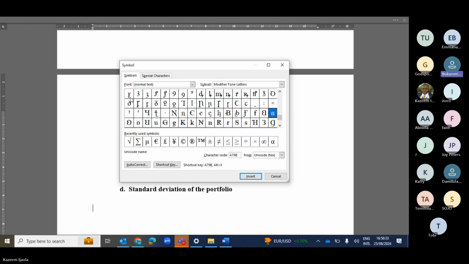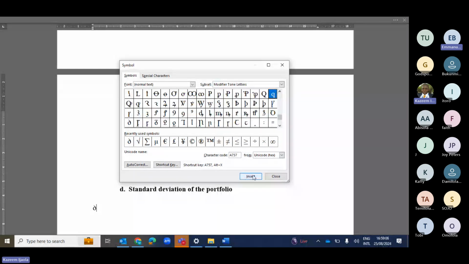Can we use this one, Abby? No, sigma is the other one. Kazim, why can't you use the one below the last one? If you count from the one you clicked now, to the side. The one was the third on the right, Abby. Yeah, this is directly below this one that looks like a musical sign.